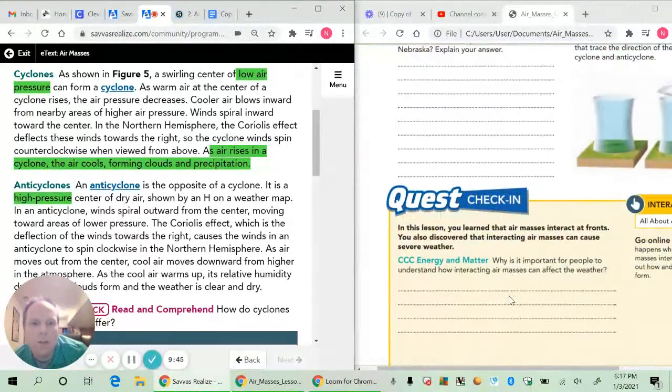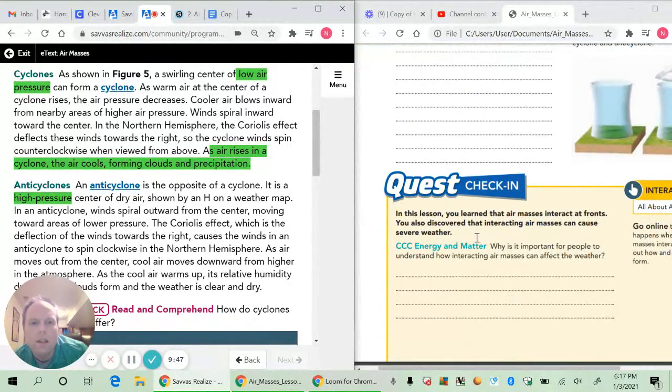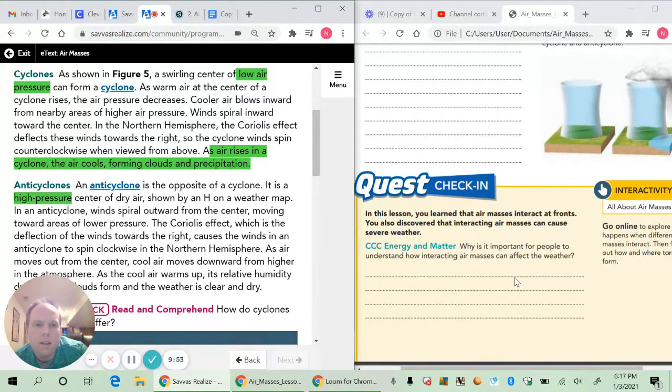All right, the last question, I want you to do the quest check-in here. It says, in the lesson, you learned that air masses interact at fronts. You also discovered that interacting air masses can cause severe weather. Why is it important for people to understand how interacting air masses can affect the weather? So I want you to think about why it is important we understand what air masses are and what happens at the boundaries between air masses, right?